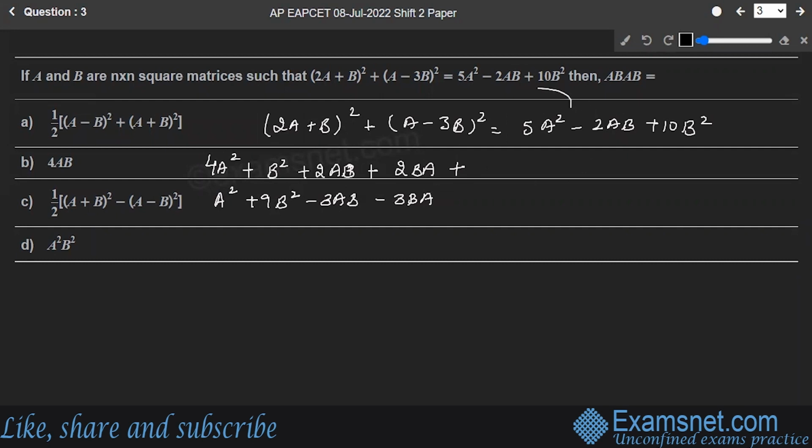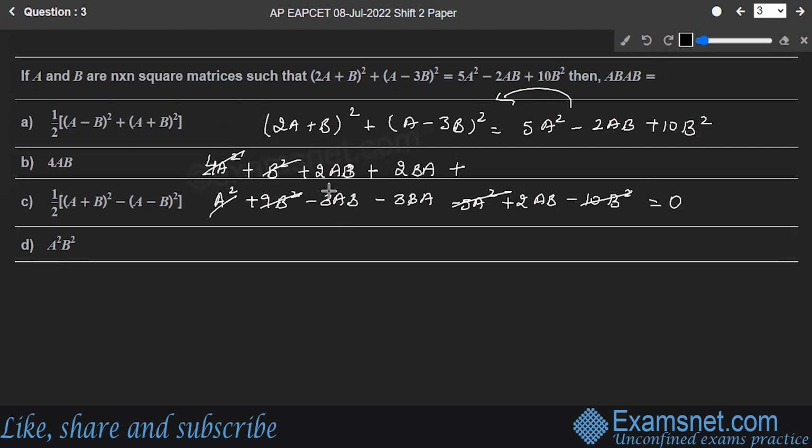I'll bring the whole RHS on the LHS. So it will become minus 5A square plus 2AB minus 10B square is equal to 0. So let's solve. You will have, these will cut, and B square plus 9B square minus 10B square, they will cut out.